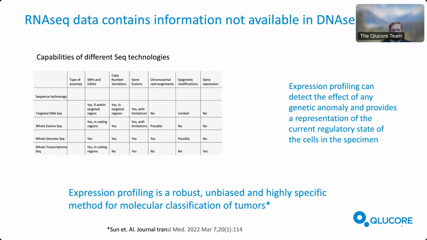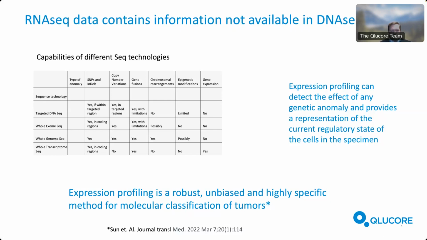And if designed for it, it also can detect copy number variations of specific genes. It is also possible to detect gene fusions. But it is not very usual to detect chromosomal rearrangements and epigenetic modifications with targeted panels.